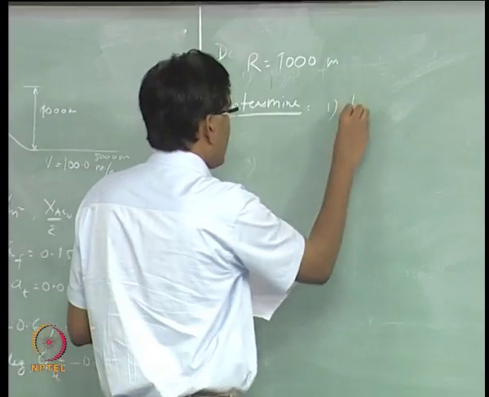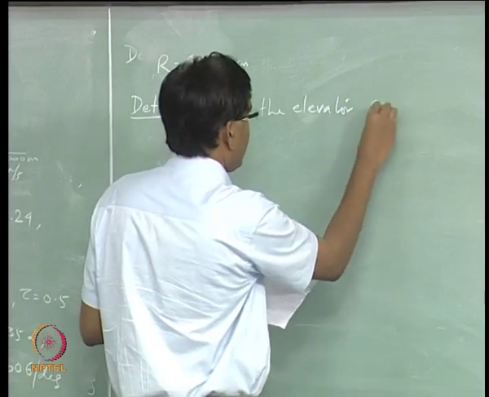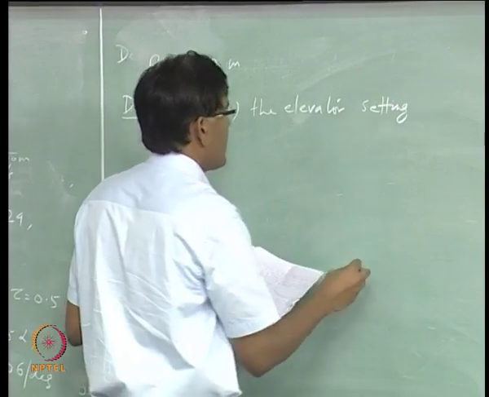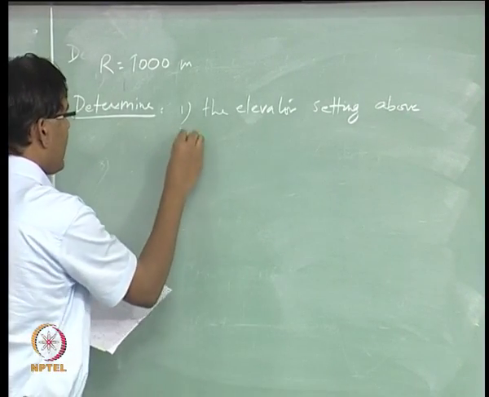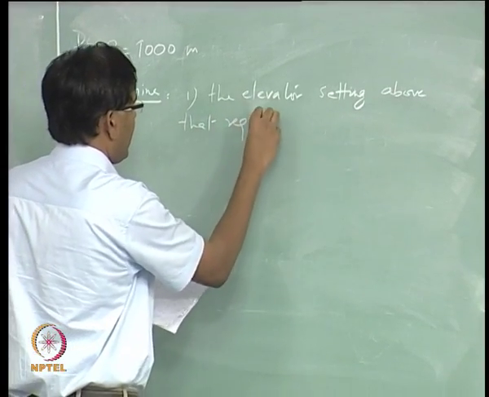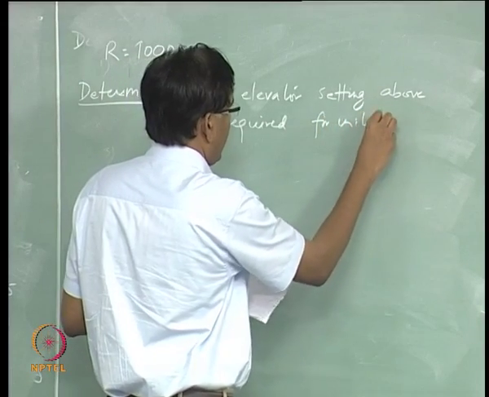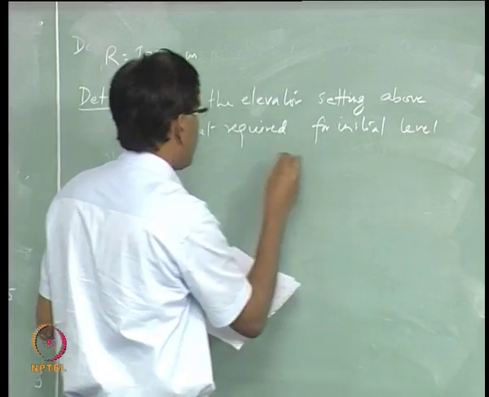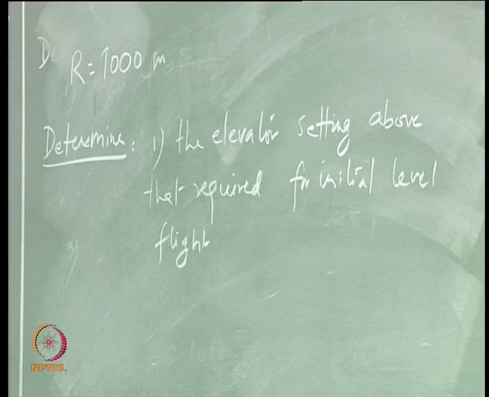One, right. So, we are pulling a G maneuver which is above the level flight condition, right, that extra G that you are trying to pull.